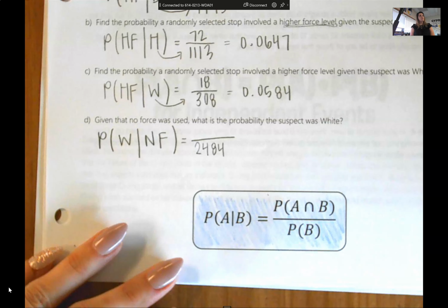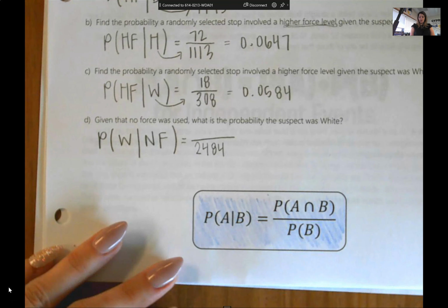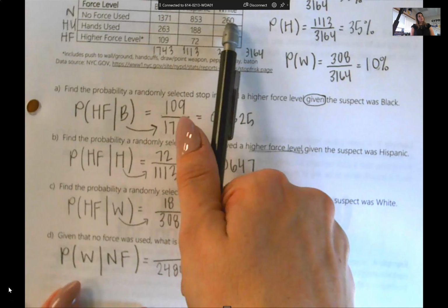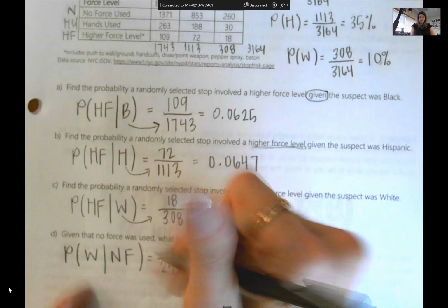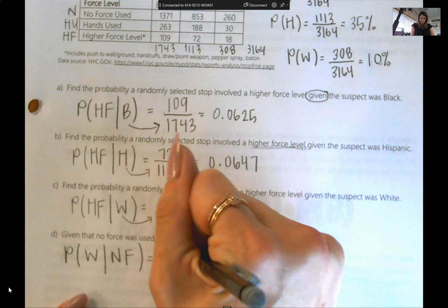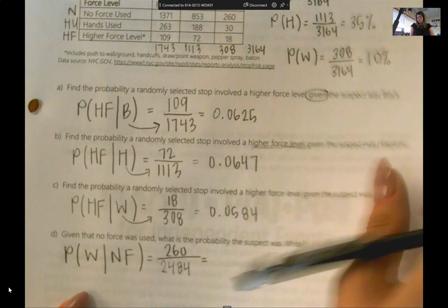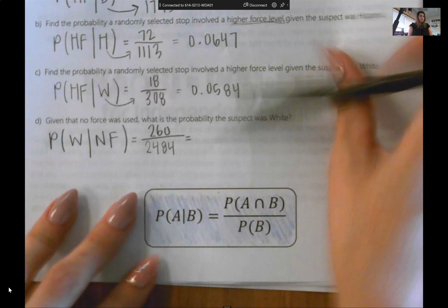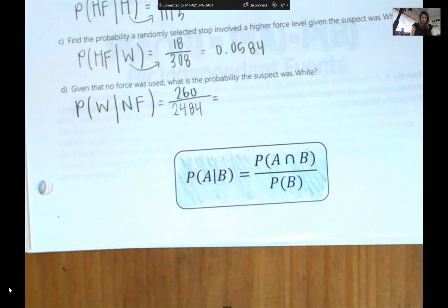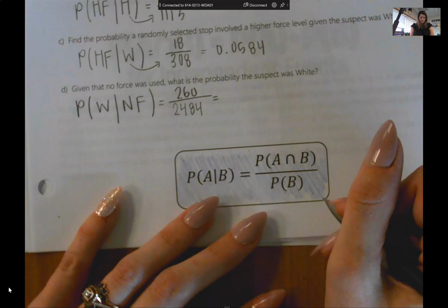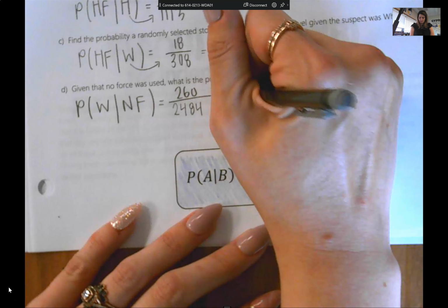Is that what you guys have? And the number of white people that no force was used on is 260. So 260 divided by 2484, 0.1047.